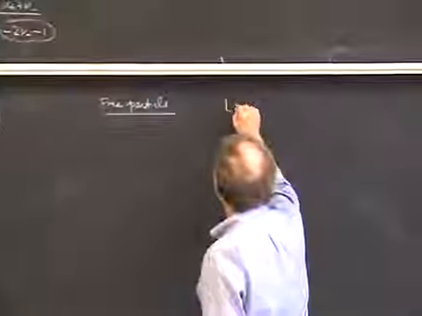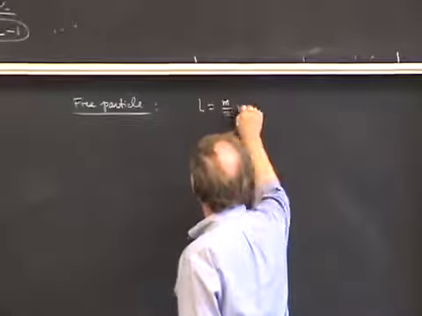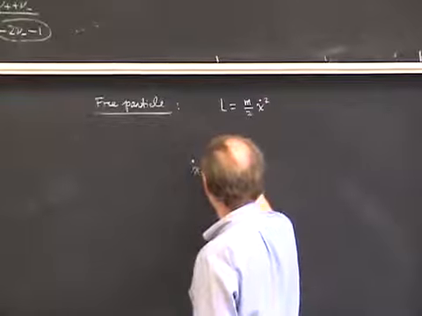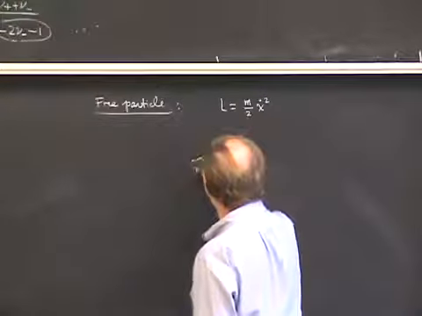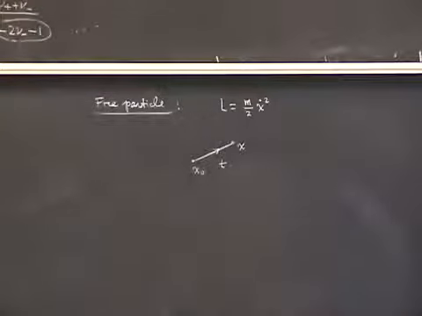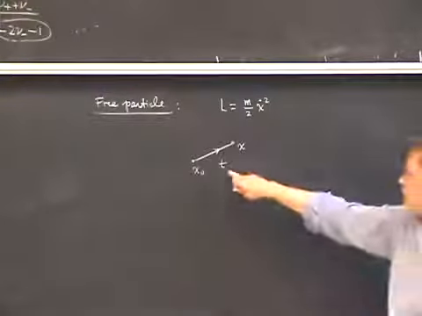So the Lagrangian for a free particle is m over 2 x dot squared. Now we're thinking about going from an initial position x0 to a final position x, and we do this in time t. The classical path is of course a straight line with constant velocity.